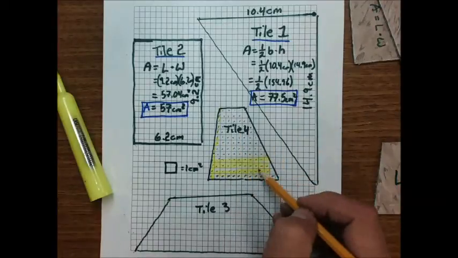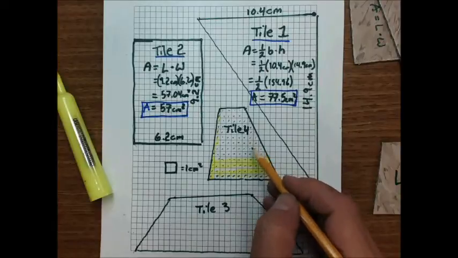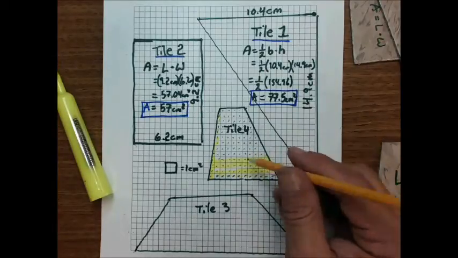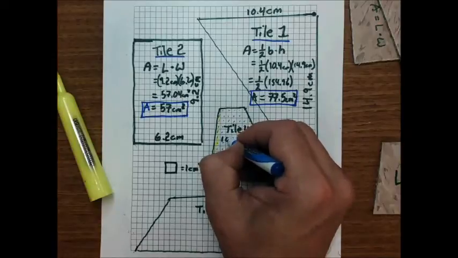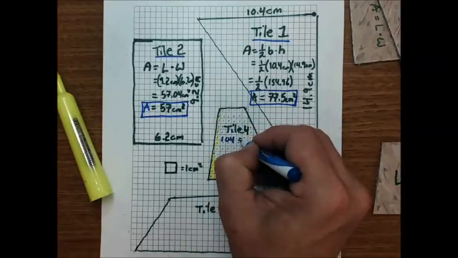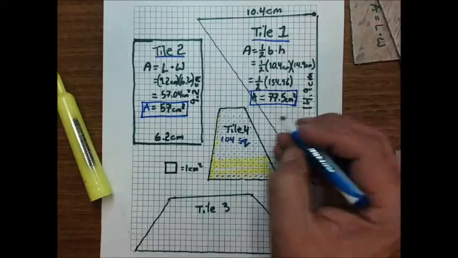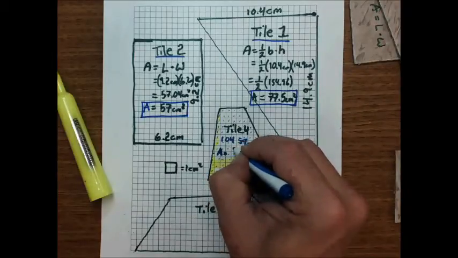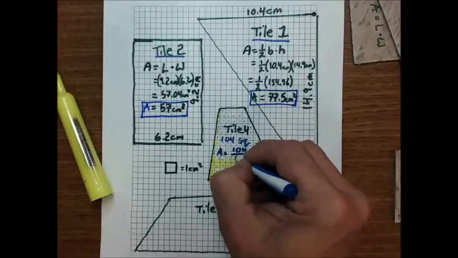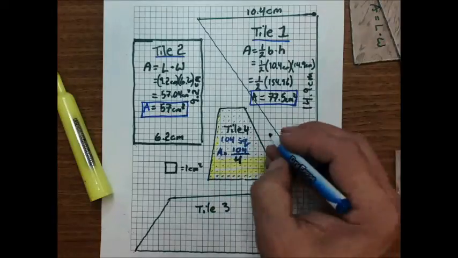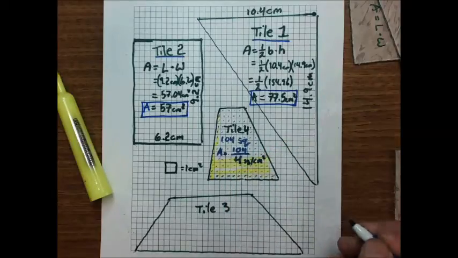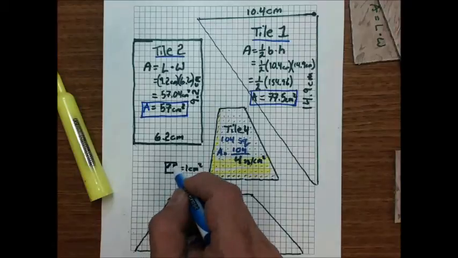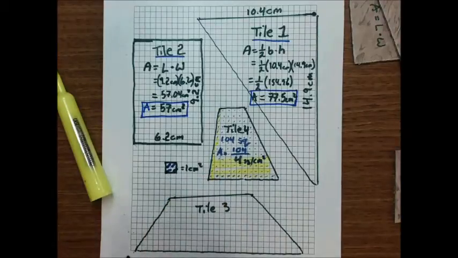So when I've counted all of these boxes, it appears to be about 104 boxes. So I can record that however I desire. I can say 104 squares. So the area is equal to 104 divided by 4 squares per centimeter squared, because I already determined that 1, 2, 3, 4 was a square centimeter.